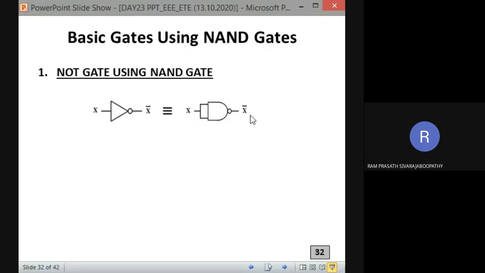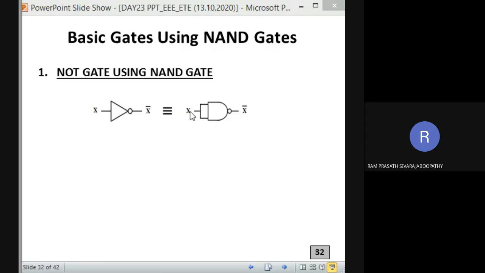If I am giving 2 inputs A and B, what is the outcome of the NAND gate? Very good, Srihari. He typed A dot B whole bar. Okay. Here A and B are simply X. So X dot X whole bar.